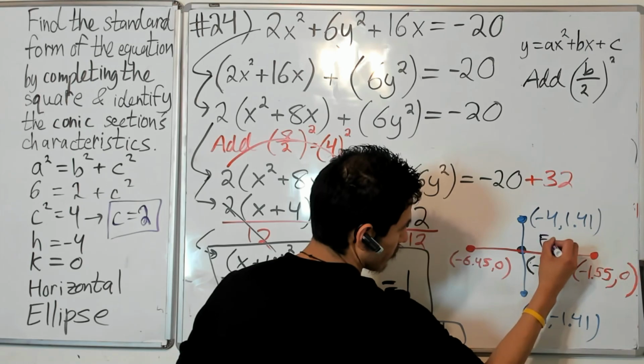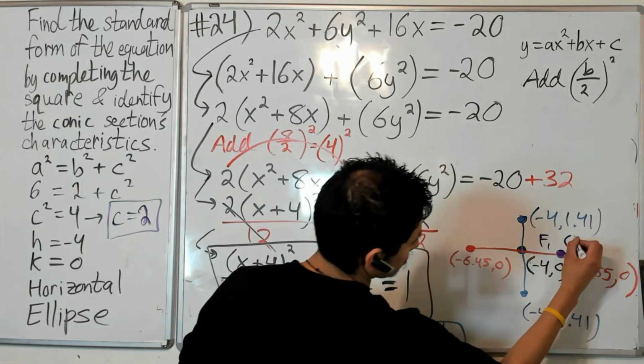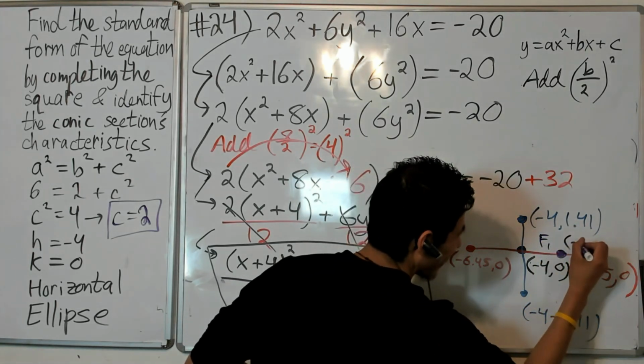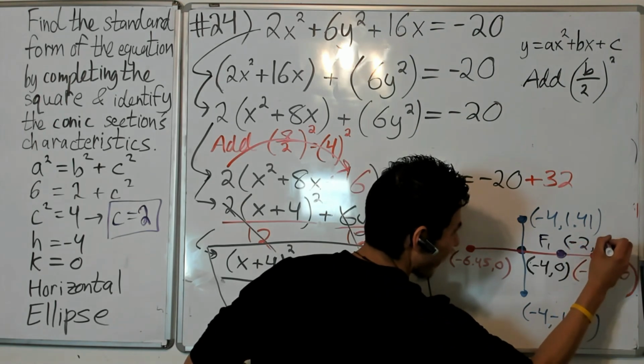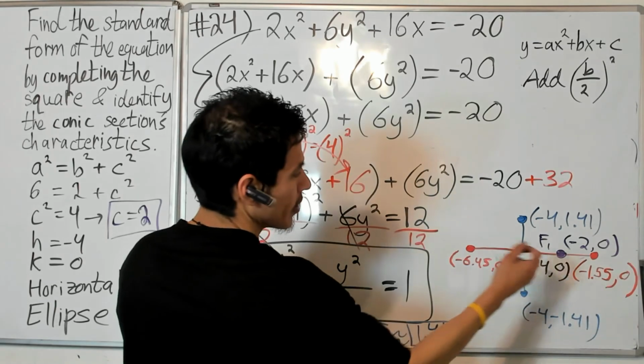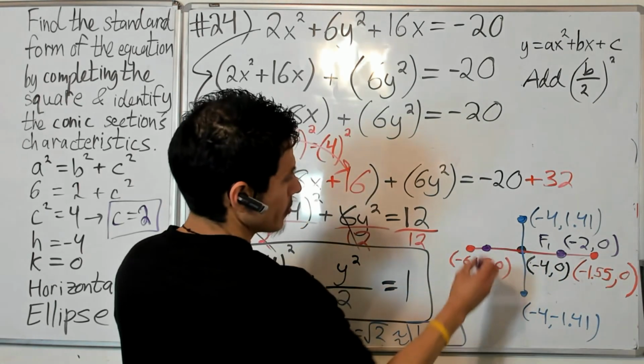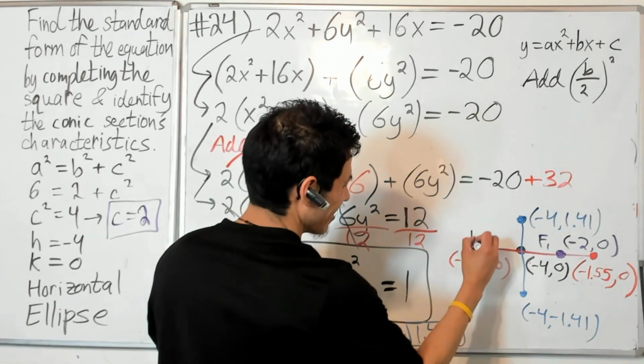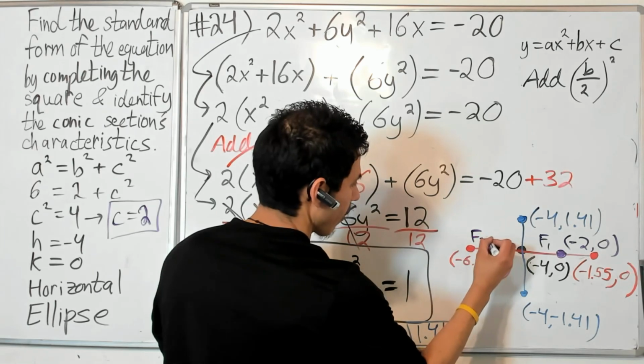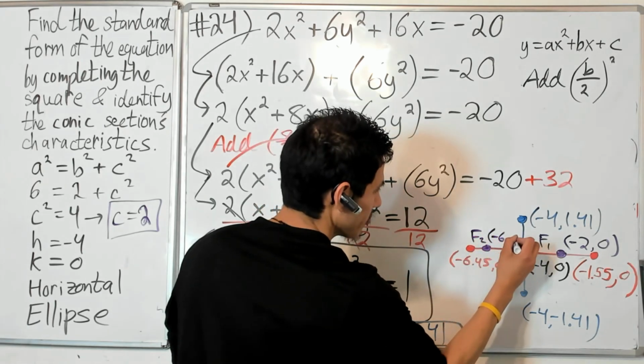I'm going to label this F1, and that'll be at -2, 0. And then on this side, I'm going to put the other focus. This will be at -6, 0. Beautiful.